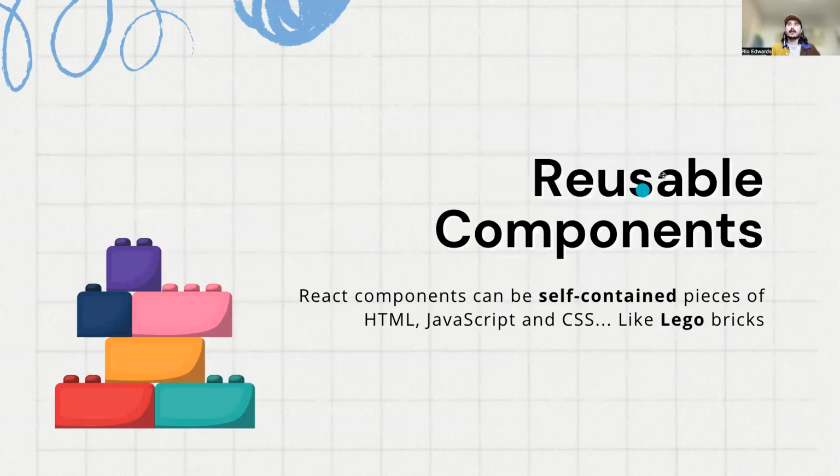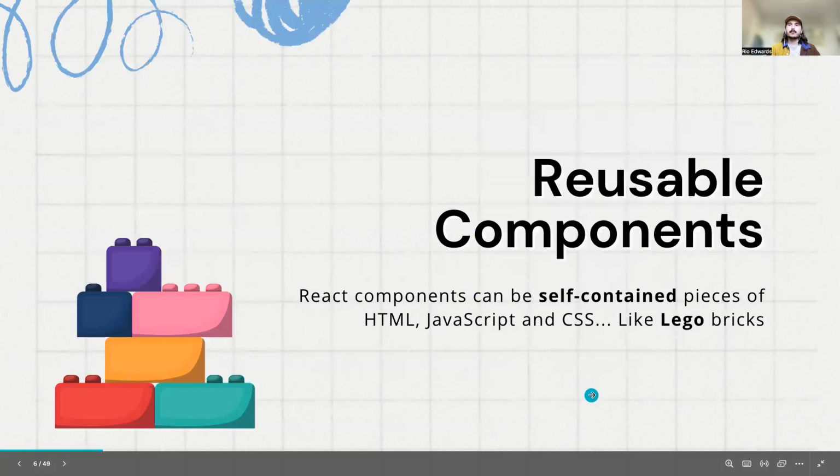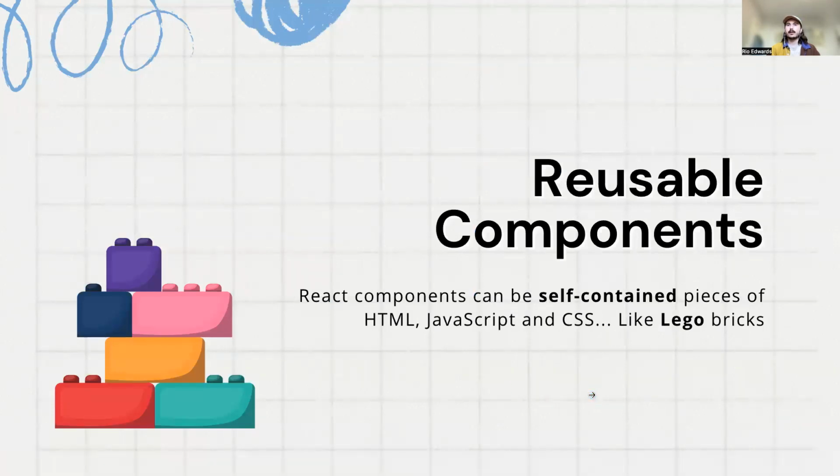So one of the key features of React is having reusable components. React components can be self-contained pieces of HTML, JavaScript, and CSS. And they're like Lego bricks, ideally. A key feature is that it's JavaScript and HTML together, which means if you want to take some code from someone else's project, you don't have to go find the JavaScript that's related to it and the HTML that's related to it.